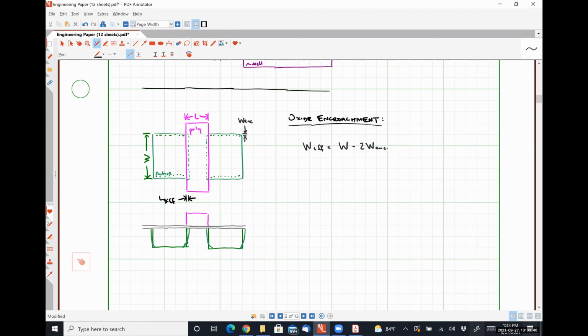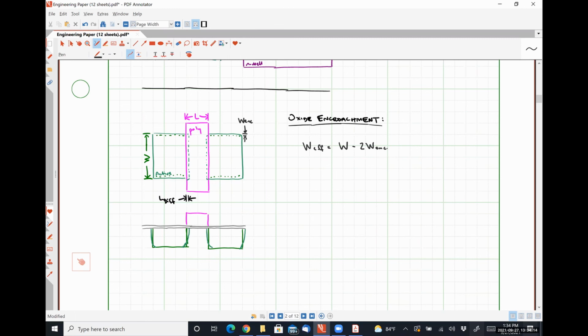So how do we compensate for oxide encroachment? We make our active region slightly larger than we need it to be. Right, so what does the current-voltage relationship for a transistor depend on, regardless of whether it's in the saturation region or the triode region?